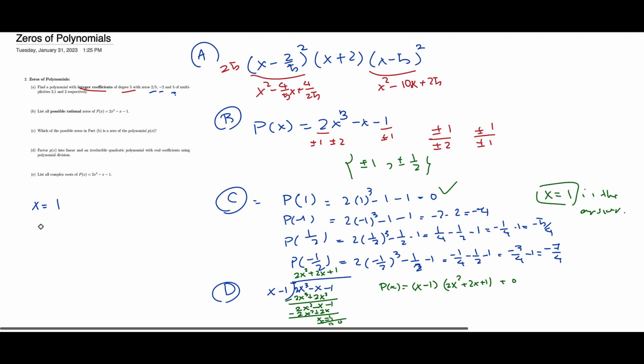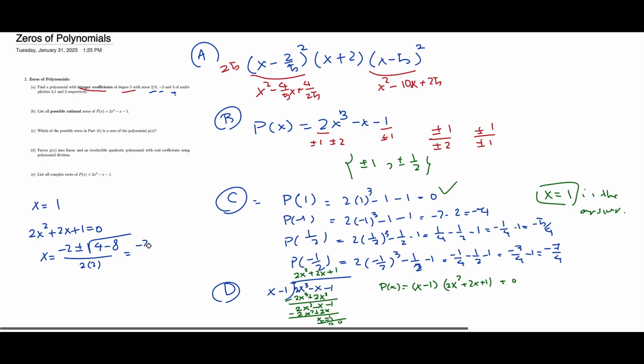And the other ones that I need to find come from setting the other factor equal to 0. From there, I get x equal to negative 2 plus minus the square root of 4 minus 2 times 4, which is 8, divided by 2 times 2.